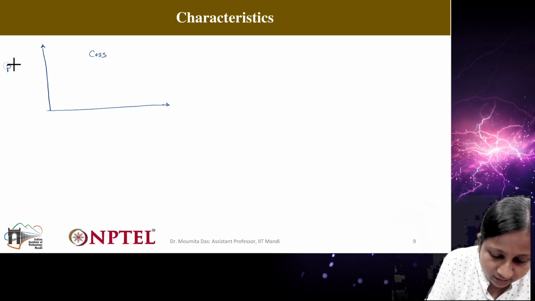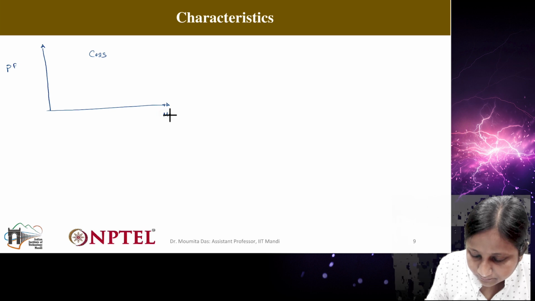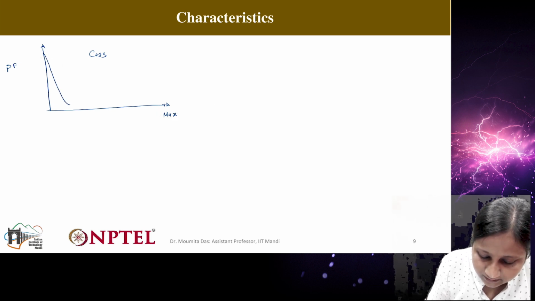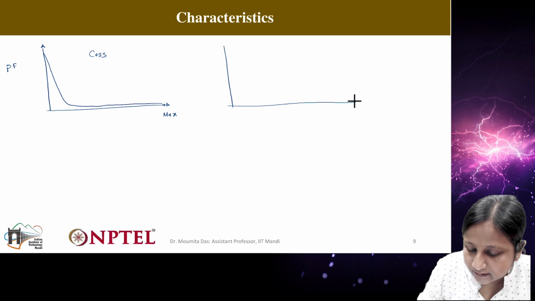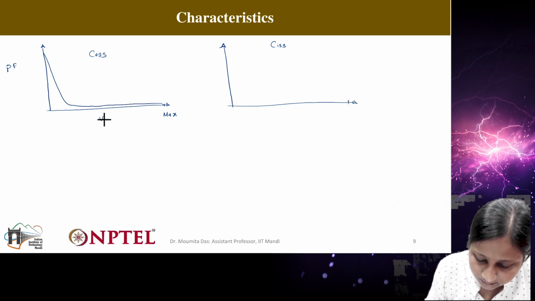This is picofarad. The voltage level here will be maximum, then it will go to the minimum level like this. Then CISS. It will have the maximum voltage here. So this is the voltage side.